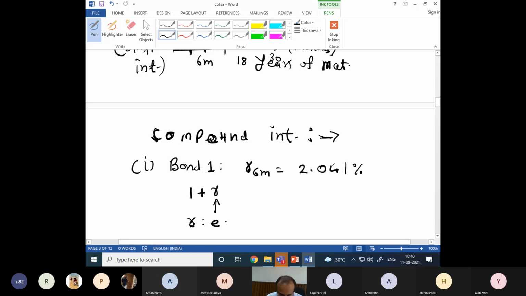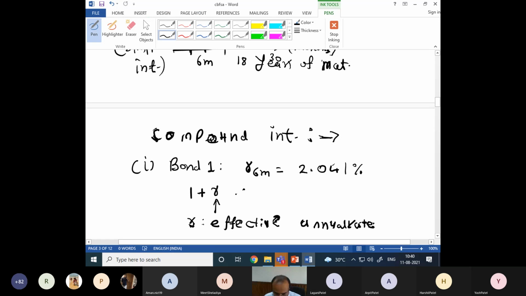So let me write it is effective annual rate. Let us correct this.